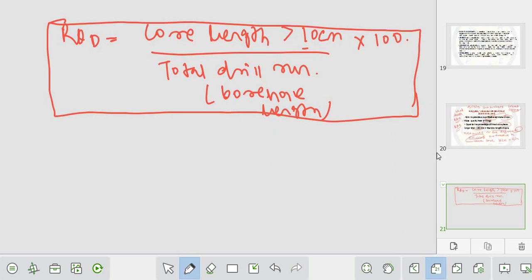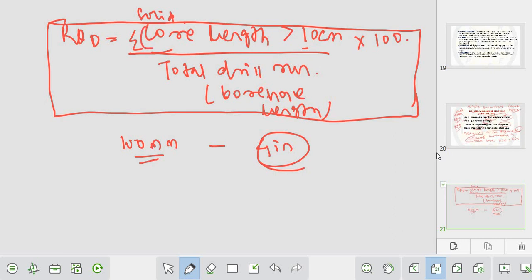अगर ये 10 सेंटीमीटर के जगह मिलीमीटर पे दिया होगा, so it is approximately 100 millimeter है ना, और इंच पे दिया होगा, so greater than or equal to 4 inch. Okay, the sum of all the solid core lengths greater than 10 centimeter upon the total drill run, okay, up to which depth the drilling machine has run, into 100 to calculate the percentage.